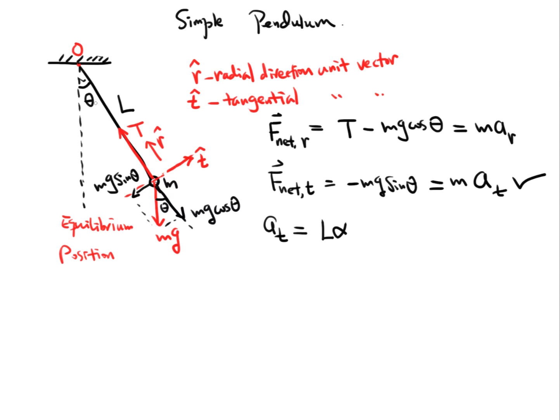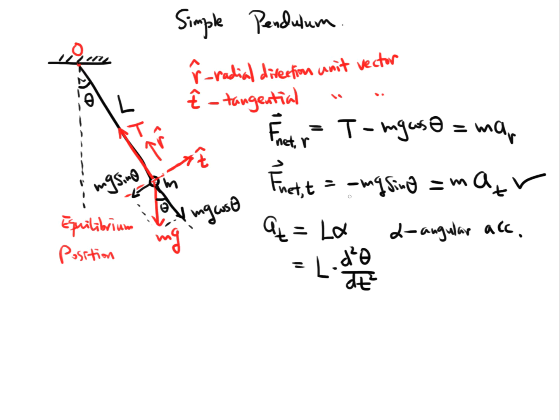Alpha is the angular acceleration. And alpha equals the second derivative of angle theta with respect to time.